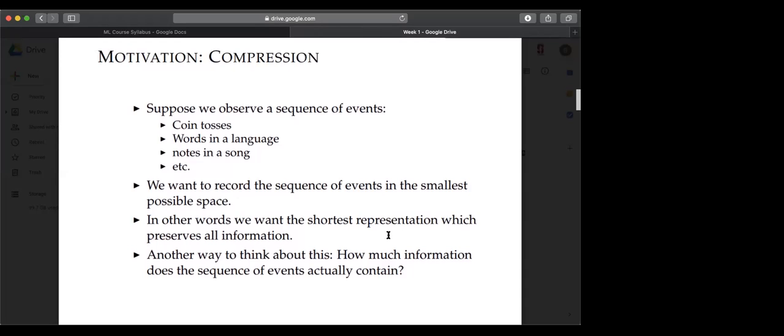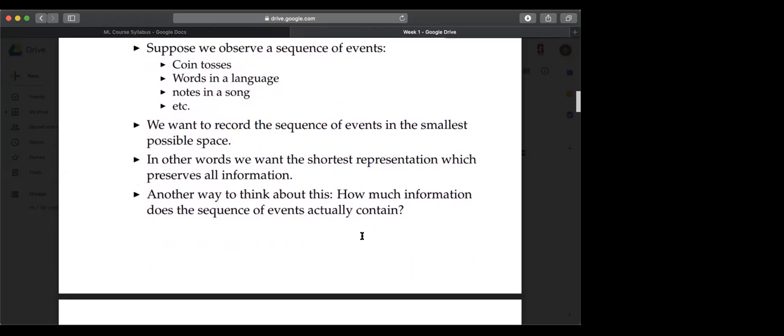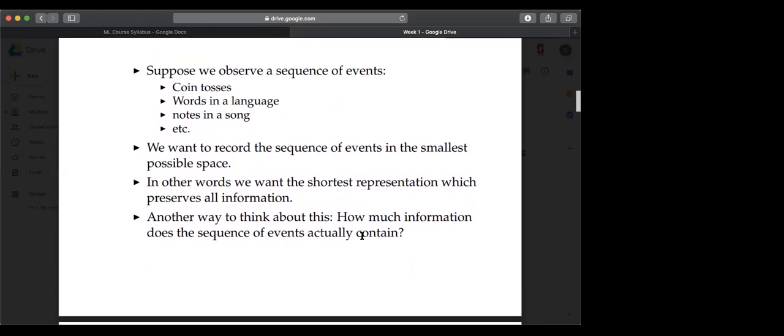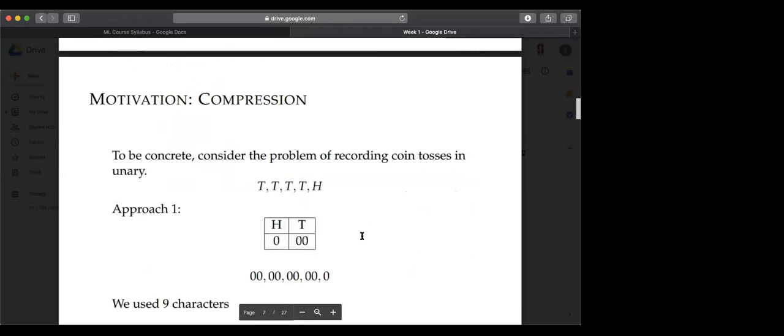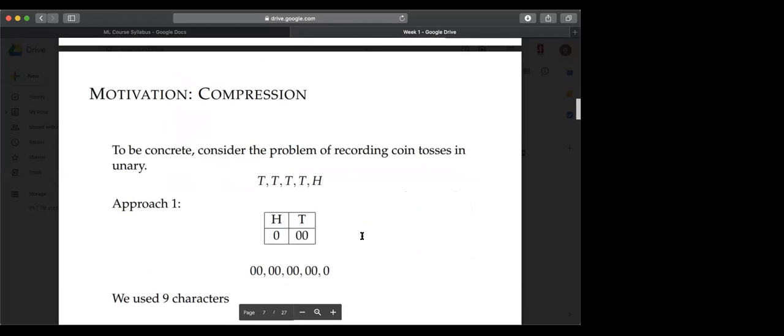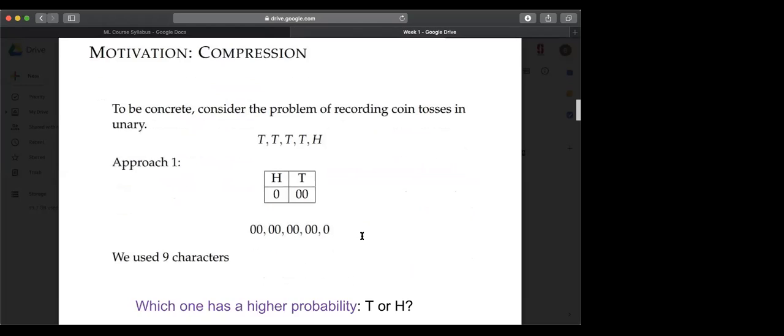So it would be your most efficient, or most high-information, manner of representing all of your events. And now it's asking how much information a sequence of events actually contains. So we'll look at this example of 5 coin tosses. They're talking about encoding each of your events in different types of encoding.